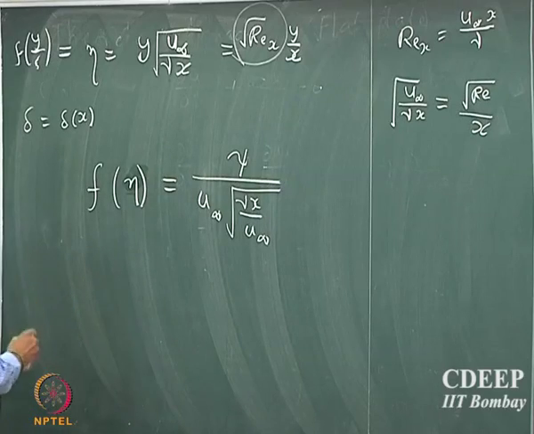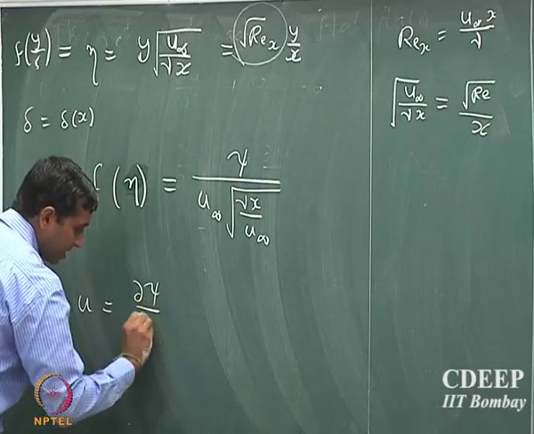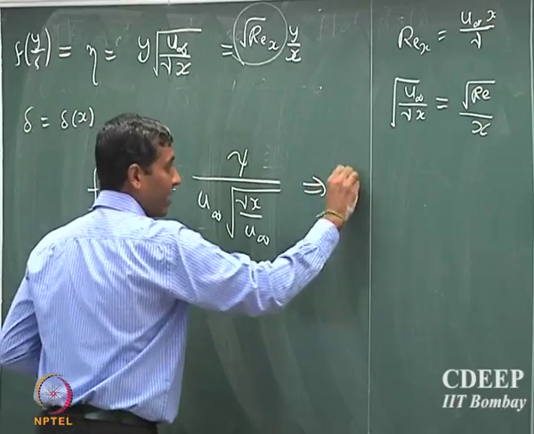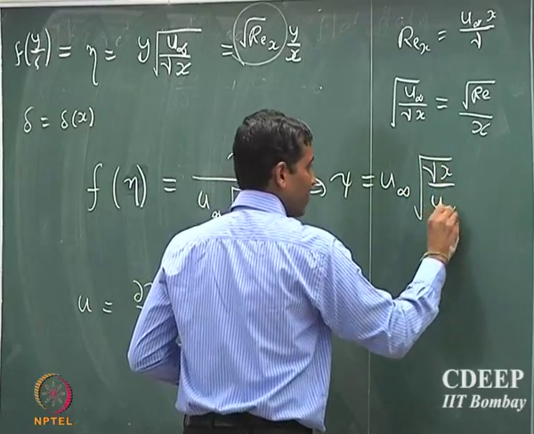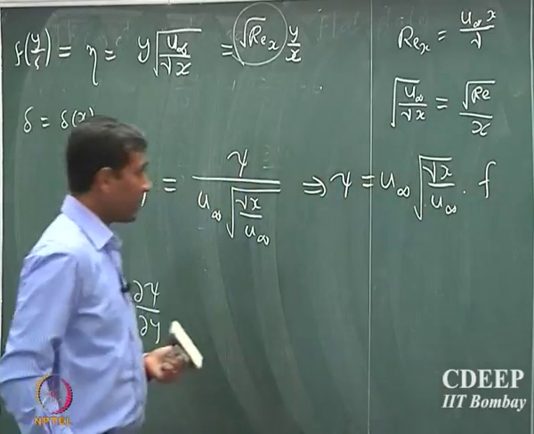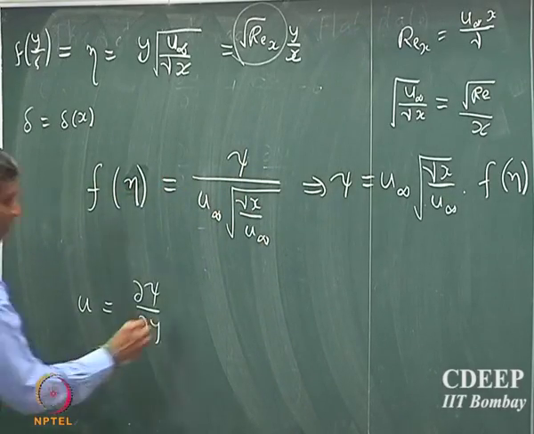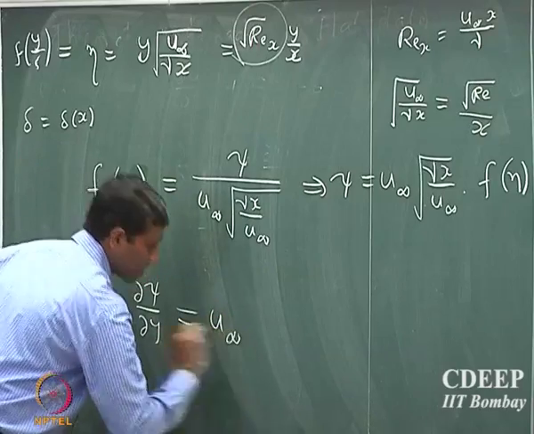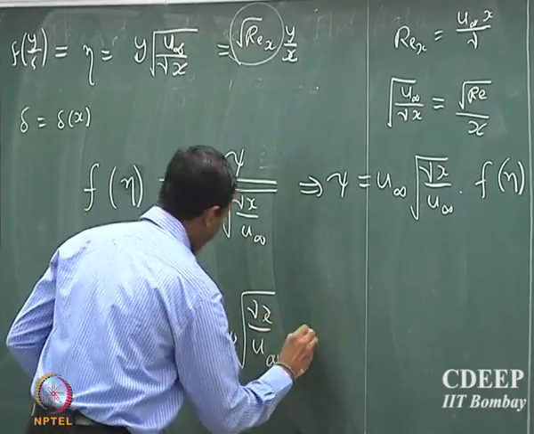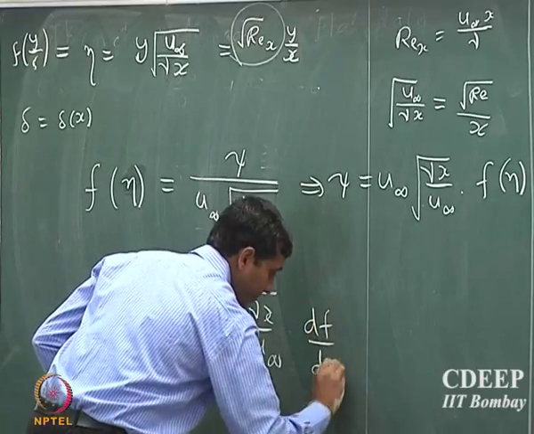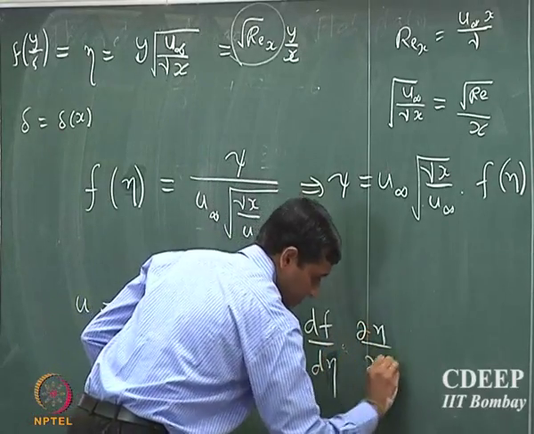So from here we can find out what u is. u is dψ/dy. Psi is u infinity into square root of nu x by u infinity into f, and f is now a function of eta, so dψ/dy is u infinity into square root of nu x by u infinity, and I use the chain rule: df/dη into ∂η/∂y.